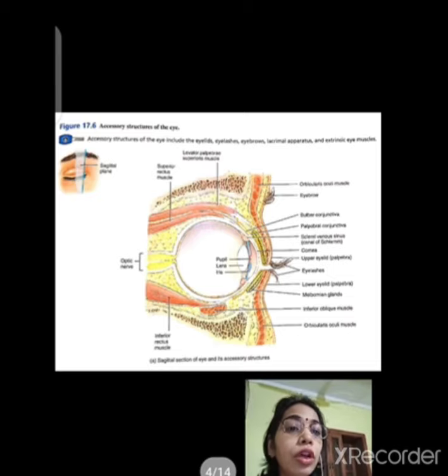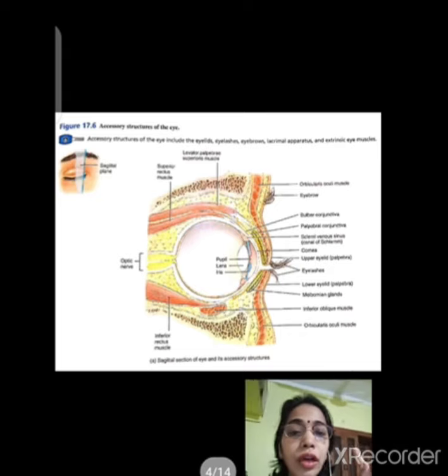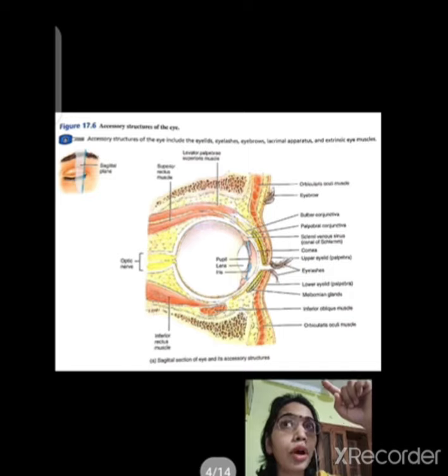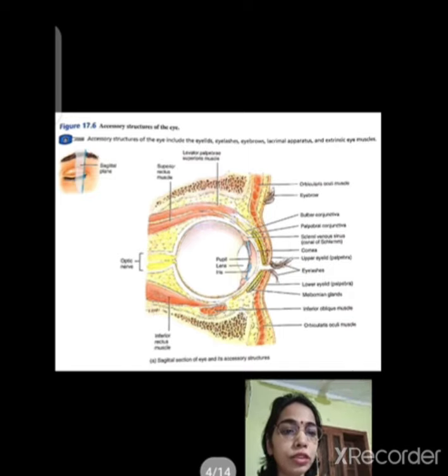Okay, now the extrinsic eye muscles move the eyeball laterally. You can move it laterally, meaning outside. This is the lateral. You can move it medially, inside. Then superiorly, you can move up, and inferiorly, you can move it down also.